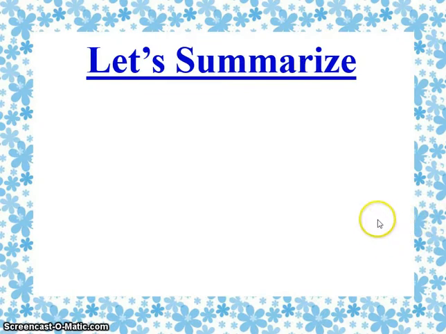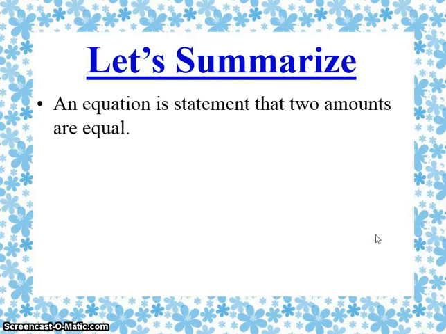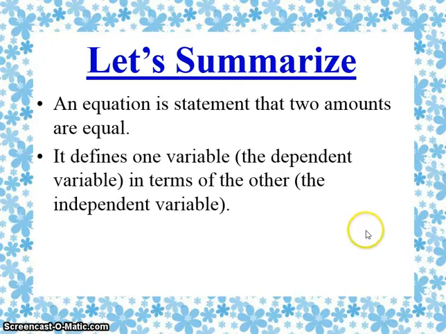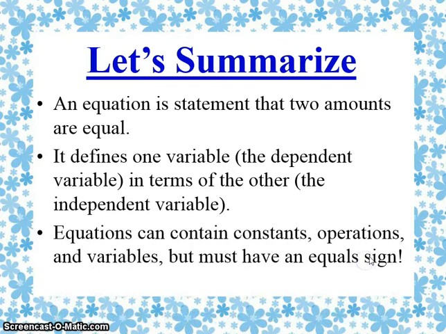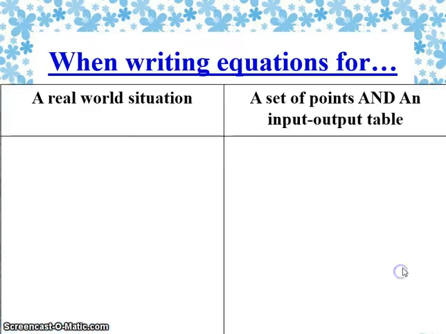So let's summarize what we've learned. We've learned that an equation is a statement that two amounts are equal. We also learned that it defines one variable in terms of the other. We also learned that equations can contain constants, operations, and variables, kind of like expressions, but the difference is they must have an equal sign.